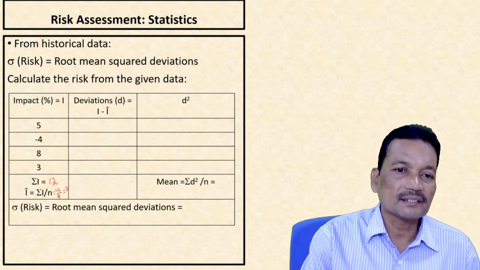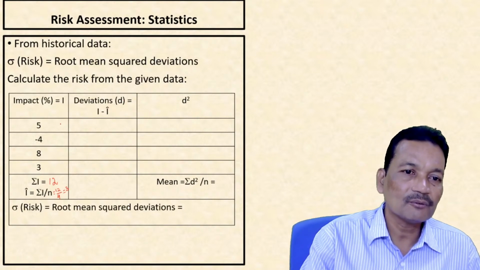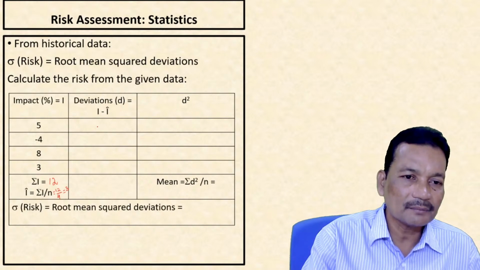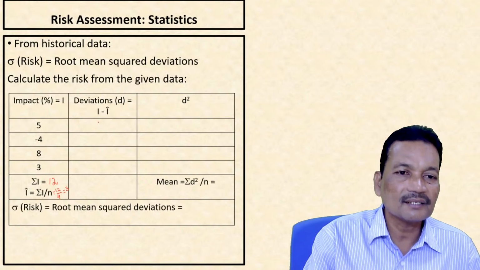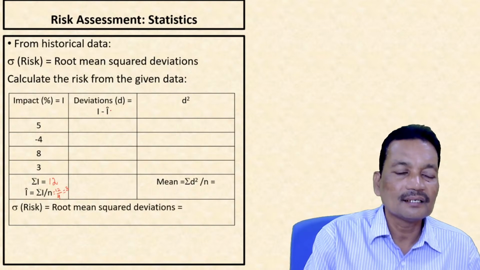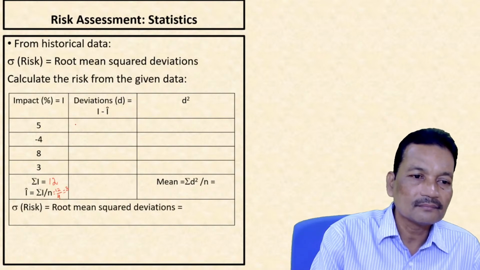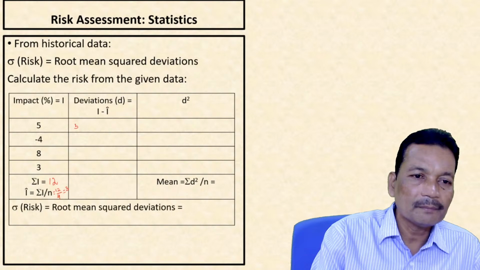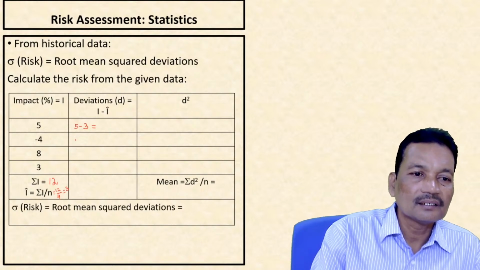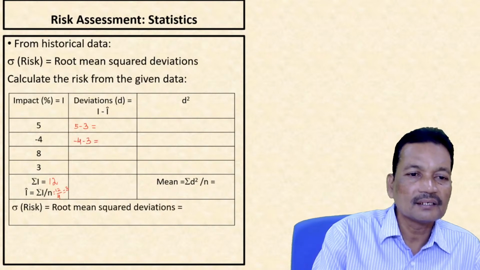Now, deviations. From the formula, we are going to calculate the sigma, that means the risk. It is the difference between the actual impact and the expected impact for various time periods. The first one is 5 minus 3. Second one is minus 4 minus 3.